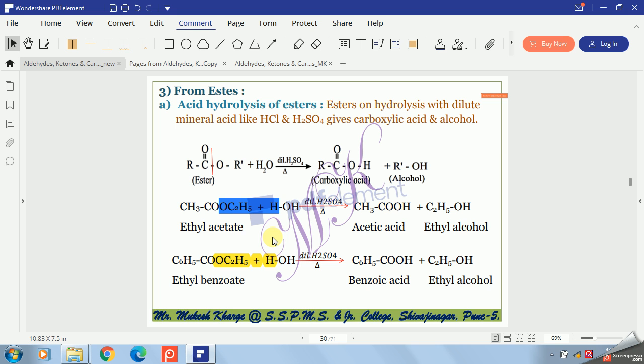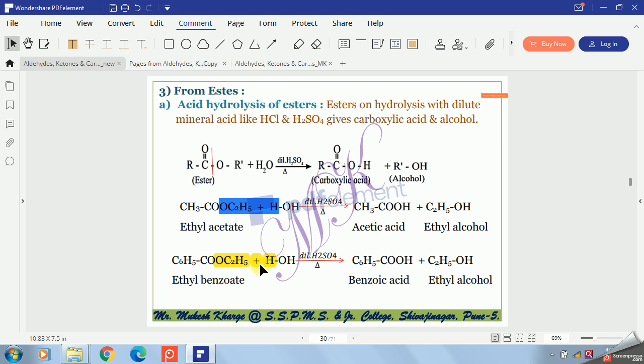So to get CH3COOH, acetic acid, and this one is C2H5OH, ethyl alcohol. Here we get acetic acid, a 2 carbon acid, ethanoic acid, and ethyl alcohol, ethanol. Here C6H5COC2H5, this group is ethyl, and C6H5COO means benzoate.